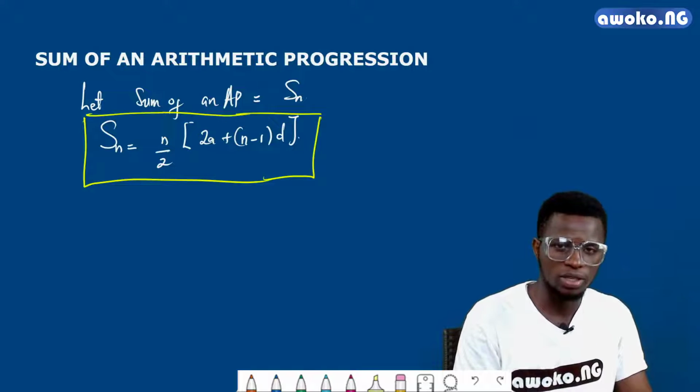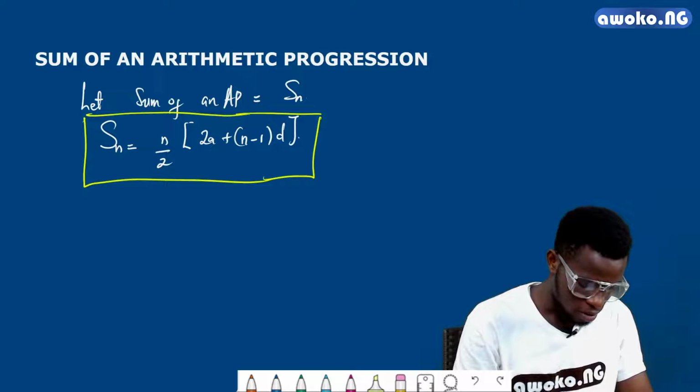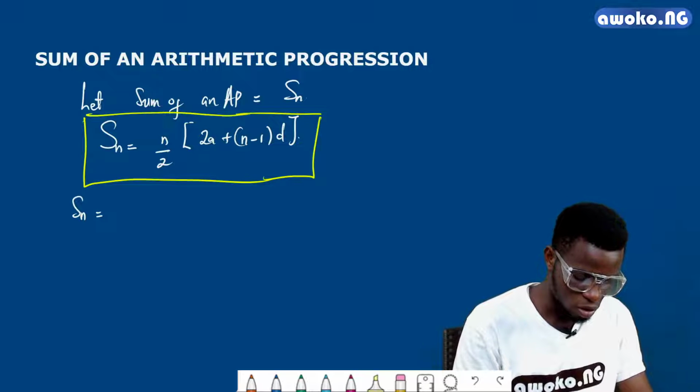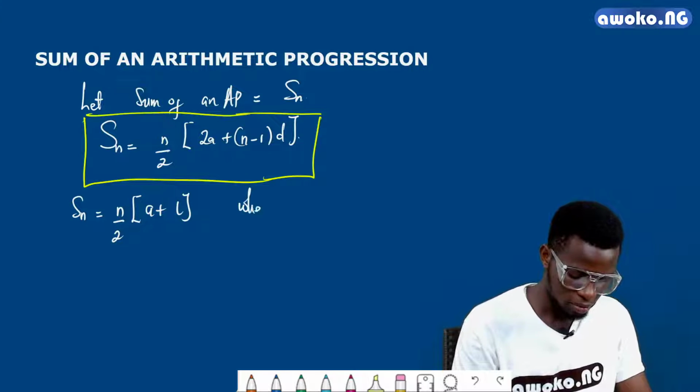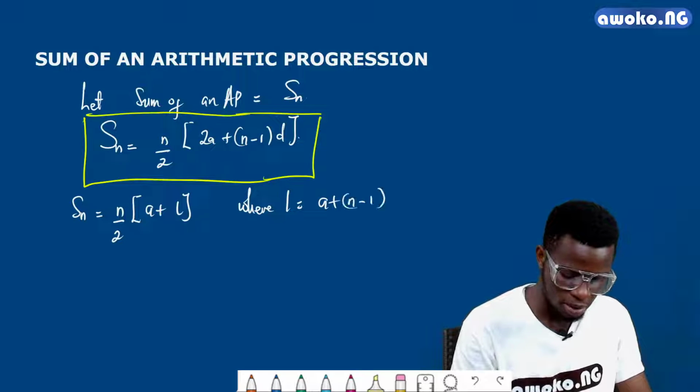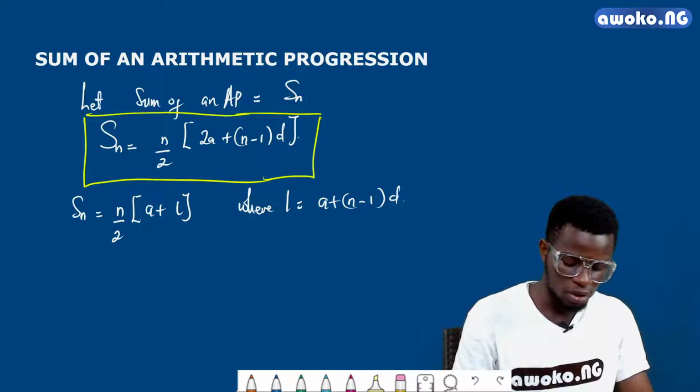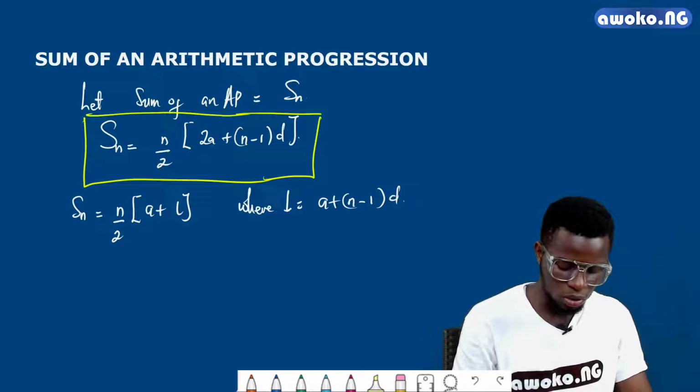We can also have this in a similar form by saying the sum Sn is equal to n over 2 into brackets a plus the last term, where the last term L is equal to a plus (n minus 1)d. So we substitute the value of L into Sn.